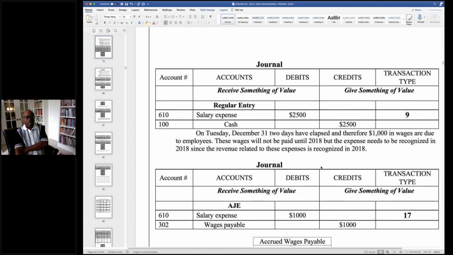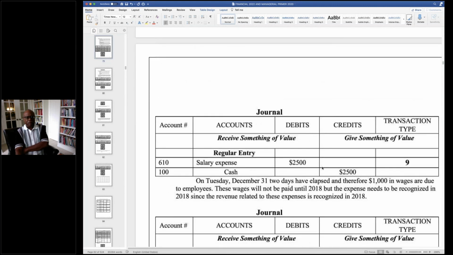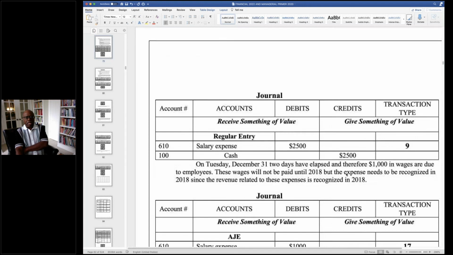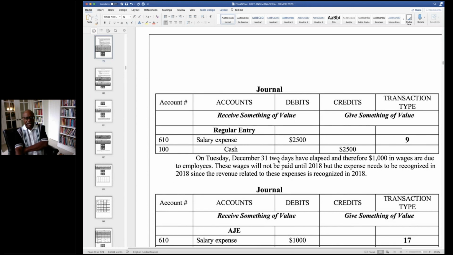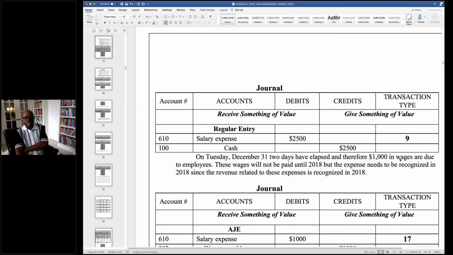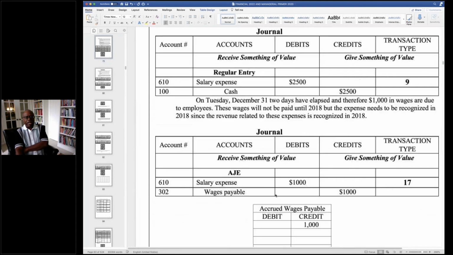I tell you, first of all, to pay the regular payroll, debit salary expense and credit cash. When December 31st rolls around, because you're paying the workers $500 a day, you got to accrue their wages. You're going to debit salary expense and credit wages payable for, excuse me, $1,000. You've got to do that.